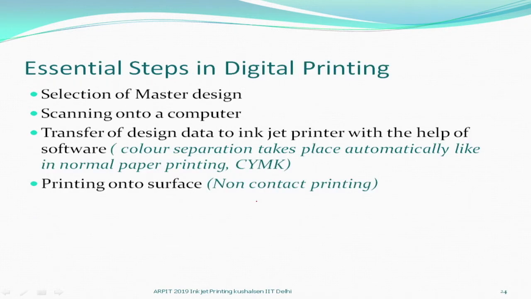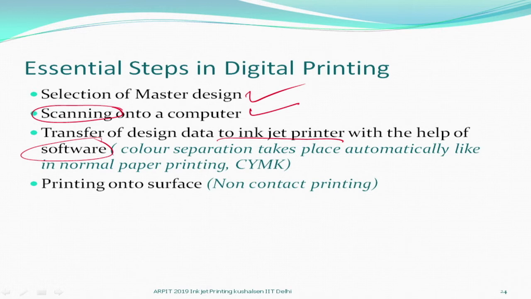So, in a nutshell, what you require is of course a design, and some computer with digital information either through scanning or camera or whichever device that you have, and then transfer the data onto the inkjet printer with a software which can obviously do the separation, give the right information, and should be able to eject the dot, put the dot at the right place.